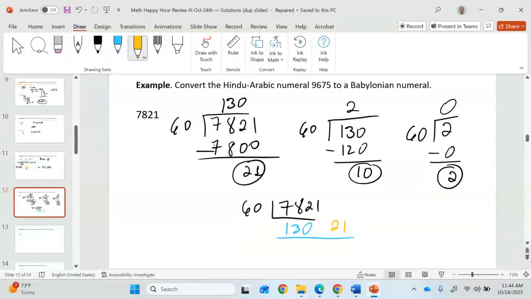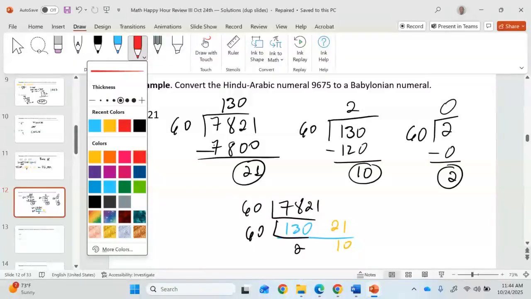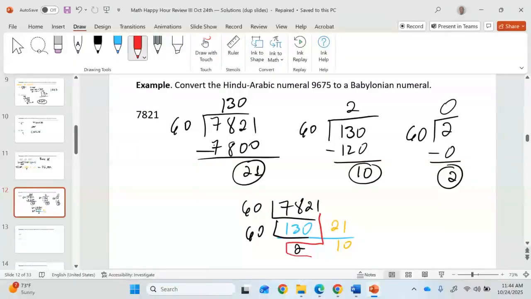And then they do the process again: now I'm gonna divide that 130 by 60, which is 2, and the remainder of that was 10, so they put the 10 here. And actually, they wouldn't continue going anymore because it no longer fits. So they would stop right there, and then they tell you, and I covered this, that you're supposed to write down your numeral from bottom to top.